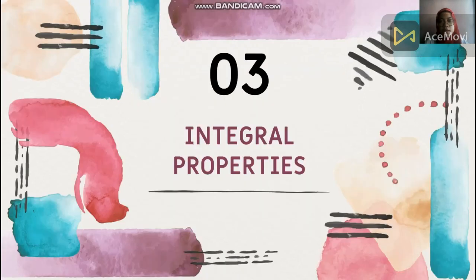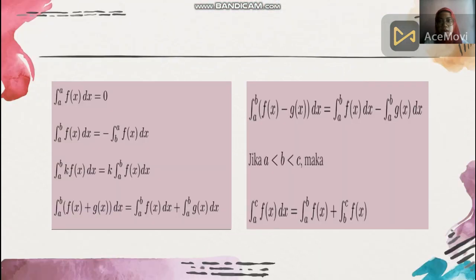Next, integral properties. 1. The integral from a to a of f(x) is equal to 0. The integral from a to b of f(x) is equal to minus the integral from b to a of f(x). The integral from a to b of k times f(x) is equal to k times the integral from a to b of f(x).